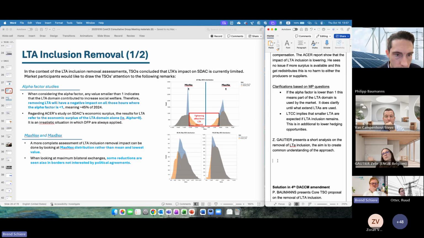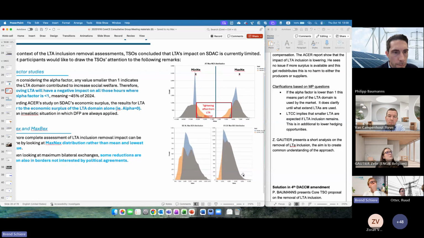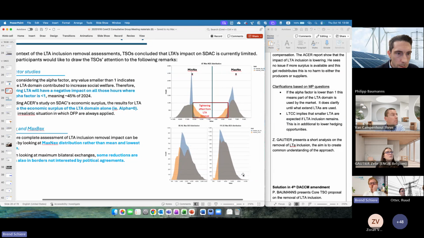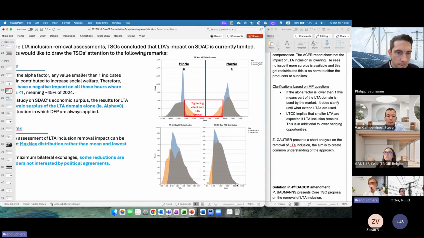And there you see also impacts on borders that are not influenced by the political agreement. So in the two charts below, you see the impact that removing the LTA has on Belgium, Netherlands, and France, Germany. We can argue maybe it's not a lot, but there is an impact that was not shown in the previous slides from the TSOs.